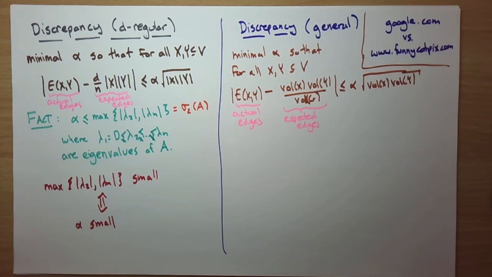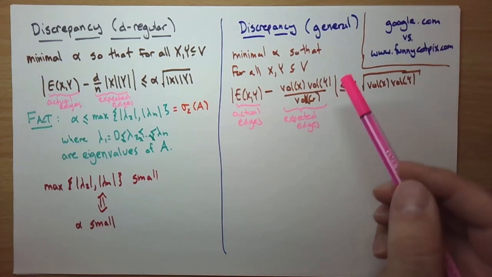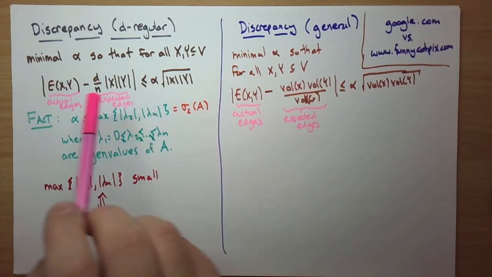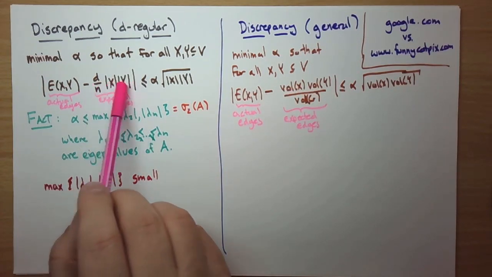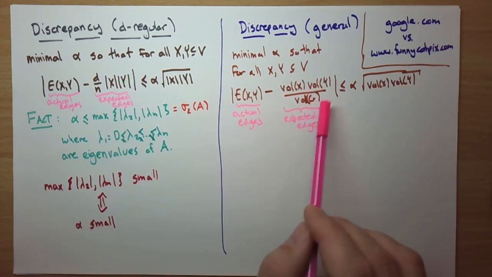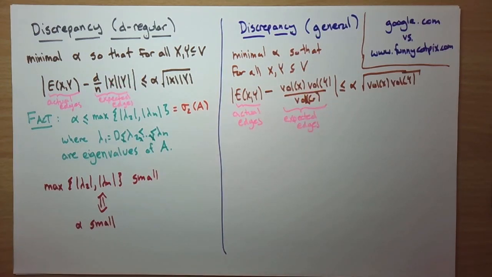So remember, volume of x is the sum of the degrees. So it says how many edges are coming out of vertices in x. And then volume of y, how many edges are coming out of vertices in y. And in some sense, that's kind of what happens over here. And then you have to divide by volume of G just to sort of say, okay, and now what's the probability that any single edge would happen?